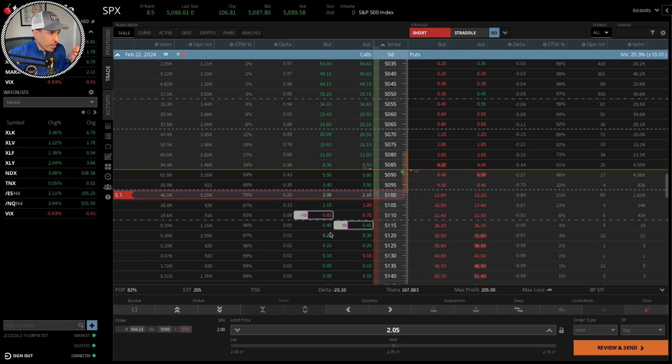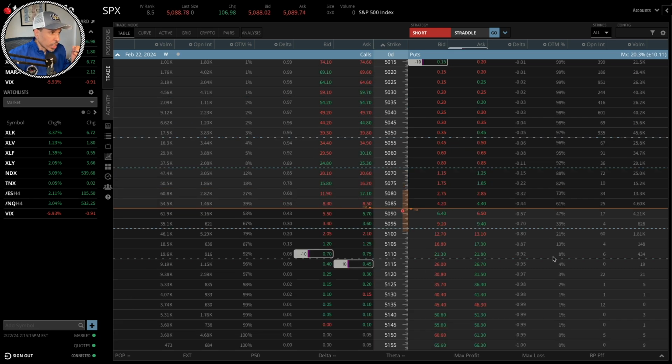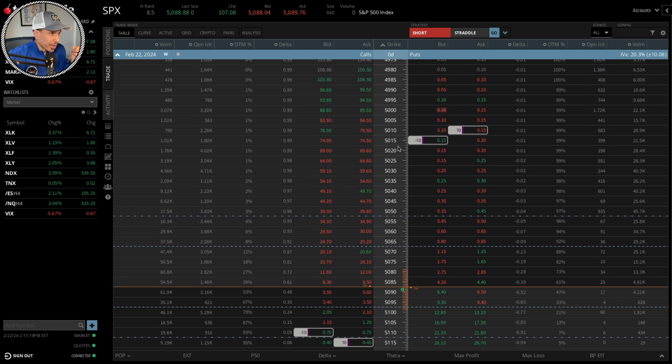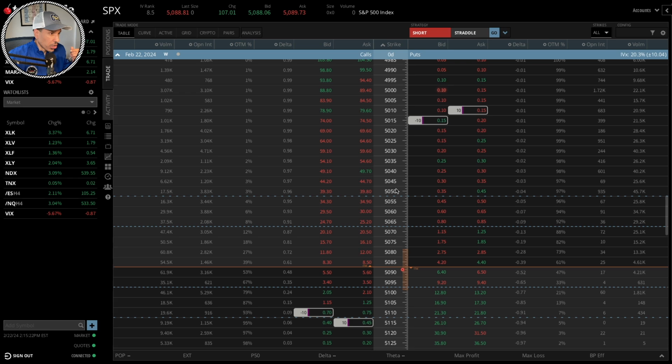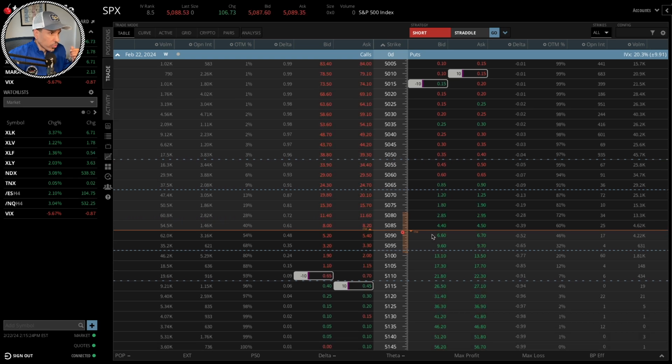So had I been at 5,100, I would still be holding steadfast. But I like this 51.10 position. And of course, my put credit spread is far out of the money, so I don't have any issue with that trade.